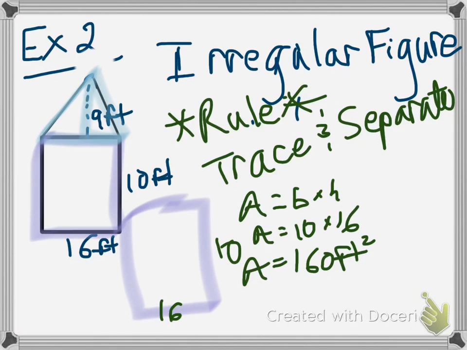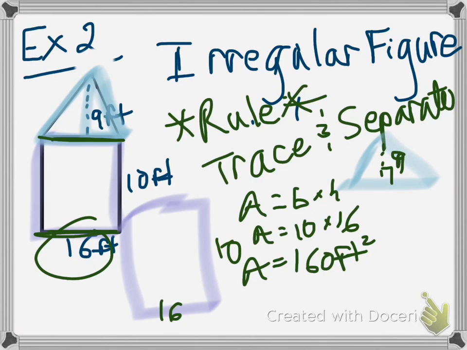I know this triangle here, they've given me, I can draw it to the side. Well, they've given me an altitude or a height of 9. And I know this base here is equal to, down here, 16 feet.